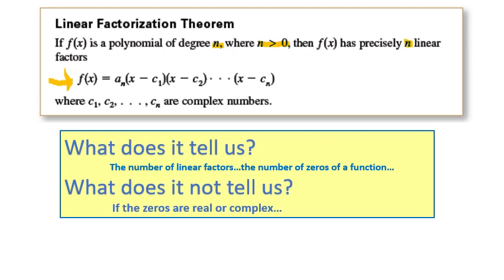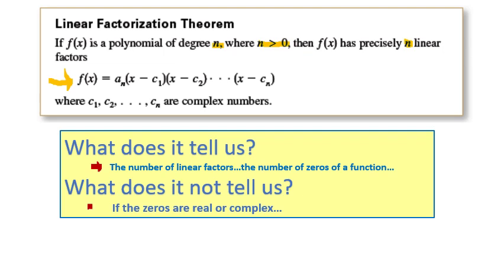Now, this becomes really important because if you remember what these linear factors tell us, remember we can set the linear factors equal to 0 to find the zeros of the function. So what the linear factorization theorem tells us in short is the number of linear factors, the number of zeros of a function, the number of times that we could anticipate a function crossing or intersecting the x-axis.